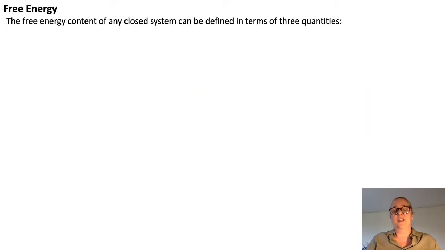So, free energy. Free energy essentially is the content of that closed system, which can be defined in terms of three quantities. First, we have randomness, known as entropy.